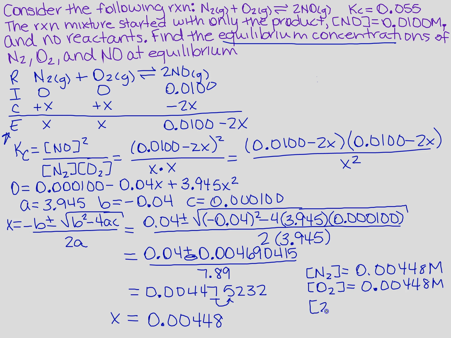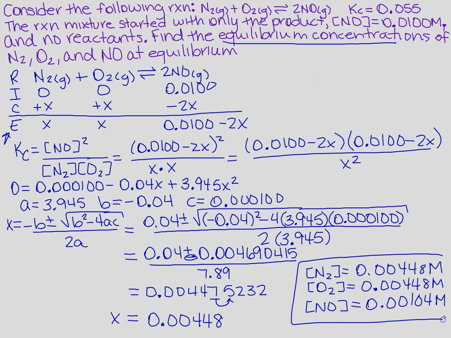Well, we're missing the concentration of the 2NO, except you don't write the 2, sorry about that. We're just writing the concentration of the NO, and we know that it is 0.0100 minus 2x. So I'm going to take 0.0100 minus 2 times my x value, and you should obtain 0.00104 molar. So as you notice, these RICE problems can be extremely long, but it's very important that you check your math all the way through.